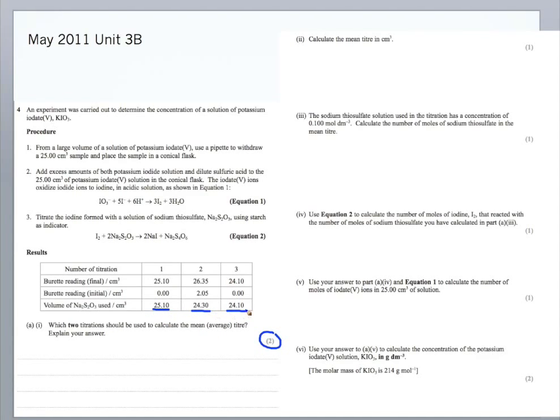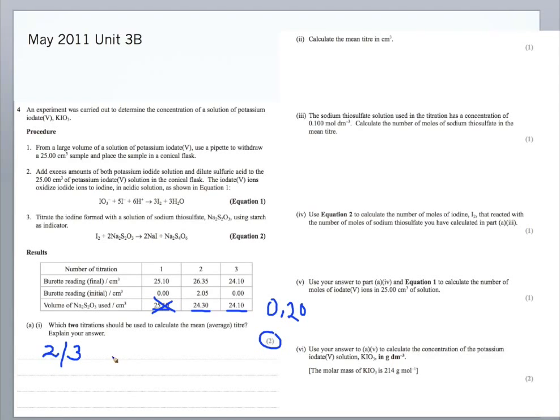So these are 25.10, 24.30, and 24.10. And remember what I said previously, that when choosing which titers to use, we have to make sure that they're within 0.20 of each other. So we can definitely see that 25 is out because it's way bigger. Therefore, we would be using titration number 2 and 3.